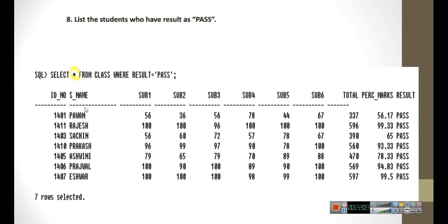So here you can see ID, name, subject, 6 subject marks, total, percentage and result. So star is all the columns to be selected where result is equal to pass. Where the result is pass, only those student details have to be retrieved. So this is the command.